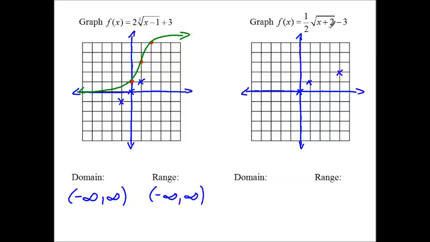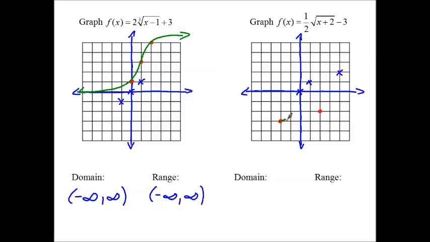h is -2. That means we start 2 to the left and we go 3 down. So here's our first point. Our dilation a is 1/2. So when we go 1 to the right, instead we only go half a step up, and then we go 4 to the right, 1 up, and those are the points we're going to use for our graph.